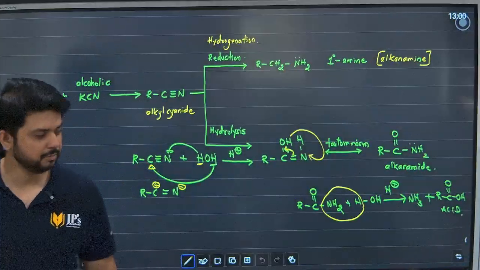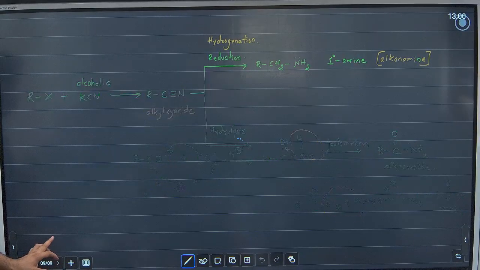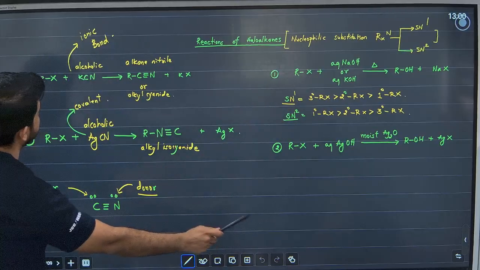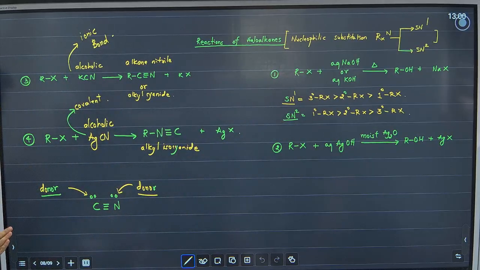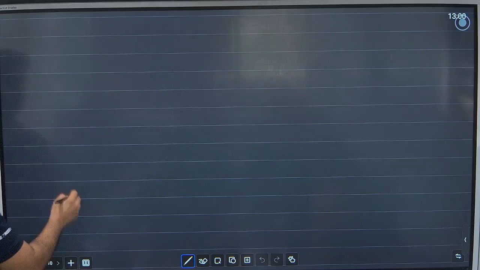So let's continue. So we did 4 reactions. First was with NaOH, KOH, then दूसरा with silver, moist silver oxide, potassium cyanide, and then silver cyanide. Next reaction देखते हैं people. Reaction number 5.